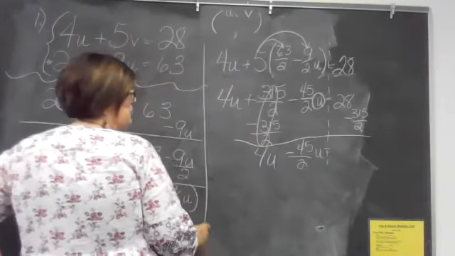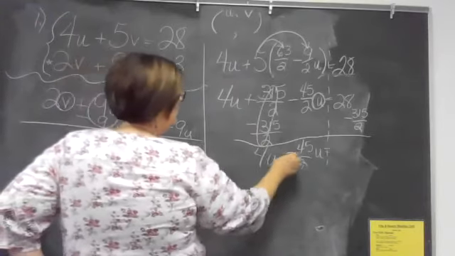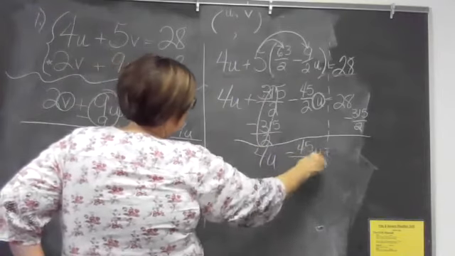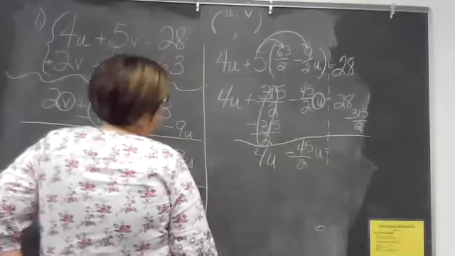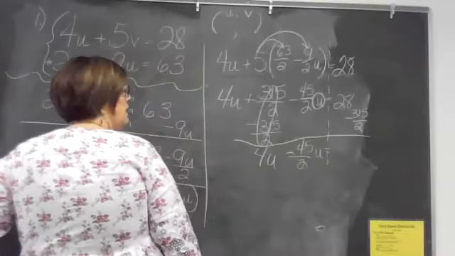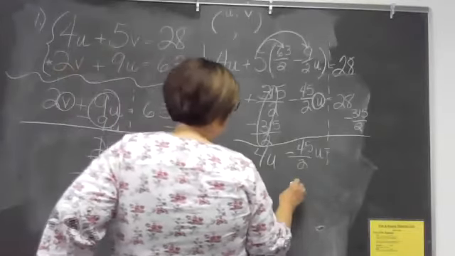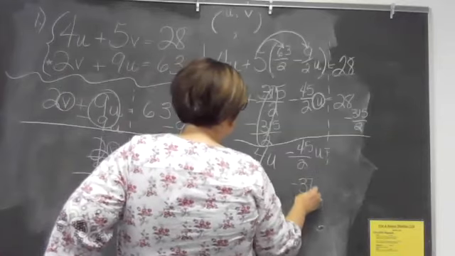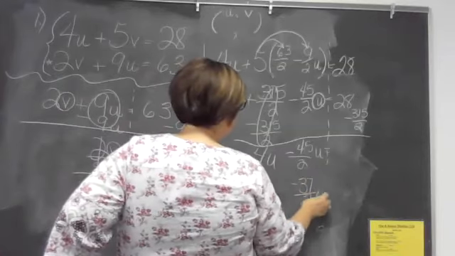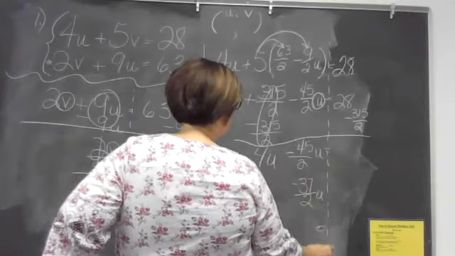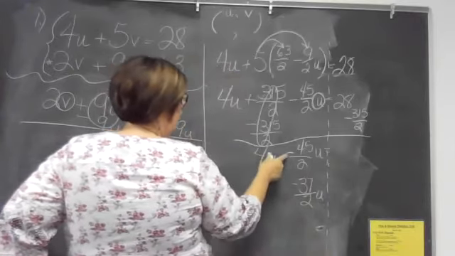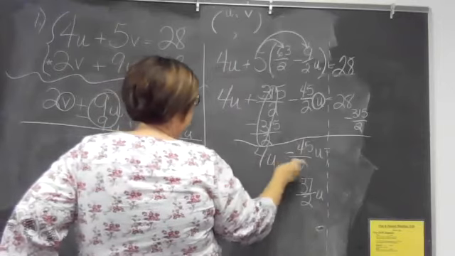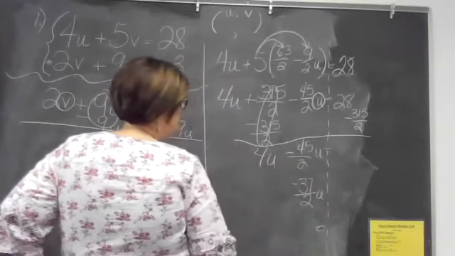So we've got two things we need to do. Here are two u's that we can get our common terms together. So 4 minus 45 over 2, negative 37 over 2 u's. Use your calculator. Take 4 minus 45 over 2, because both of these are u's. You can put those together.